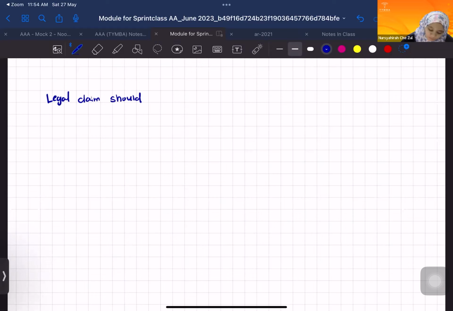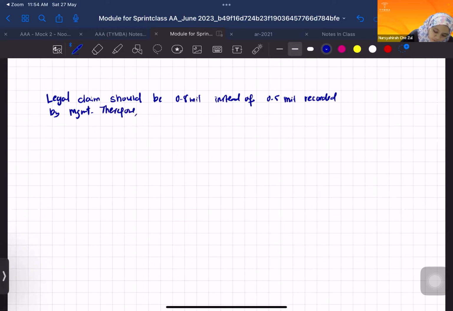Legal claim should be 0.8 million instead of 0.5 million recorded by management. We then put in this one. Therefore, or hence, provision is understated. Put in the impact to FS, understated by 0.3 million. Put in this: overstated by how much, understated by how much.